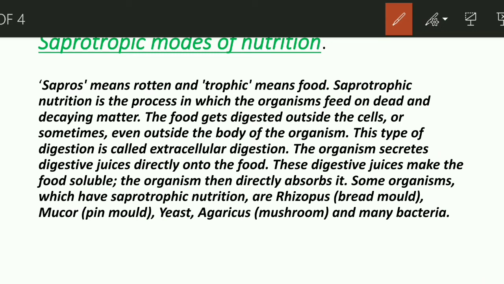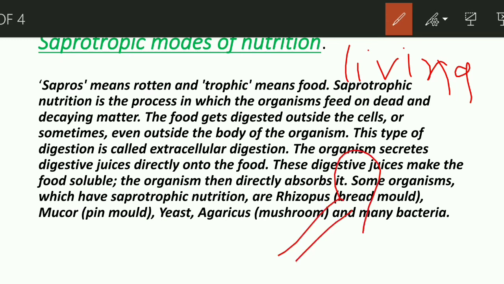Okay. So now let's proceed to the difference between parasitic and saprotropic mode of nutrition. Basically, the plants or organisms that have parasitic mode of nutrition grow on living organisms, as shown earlier in the cascota.